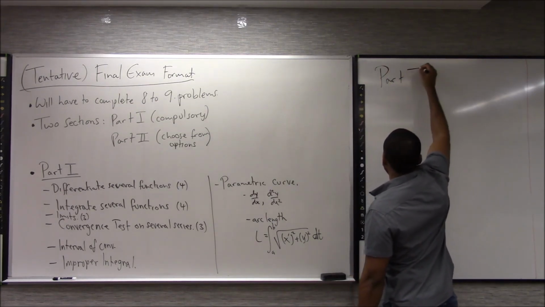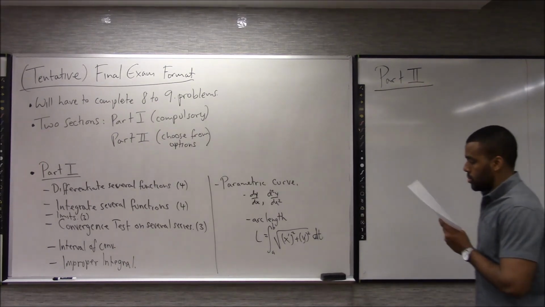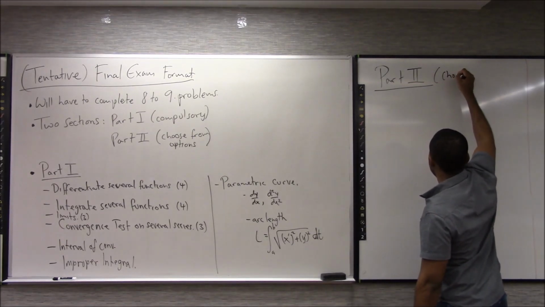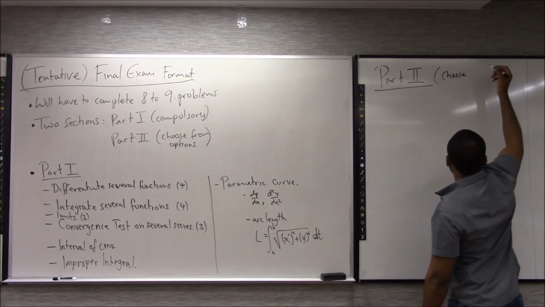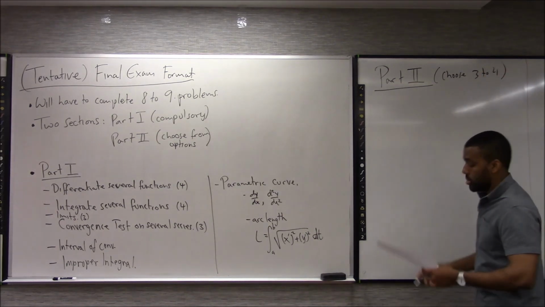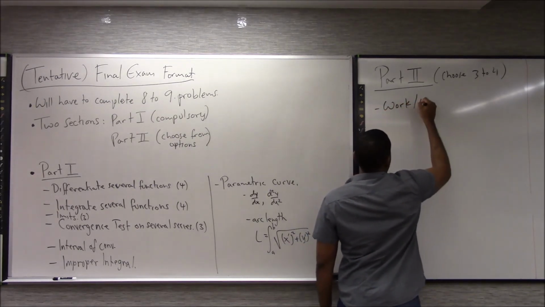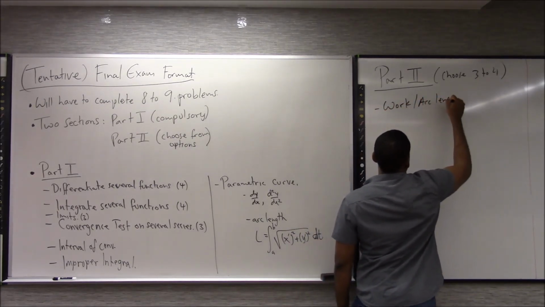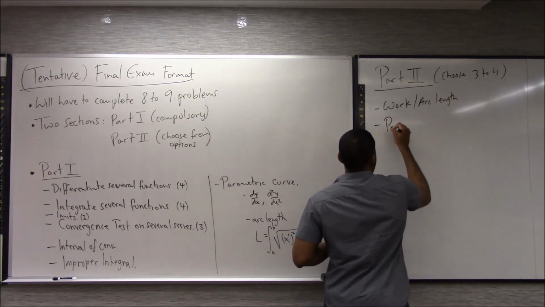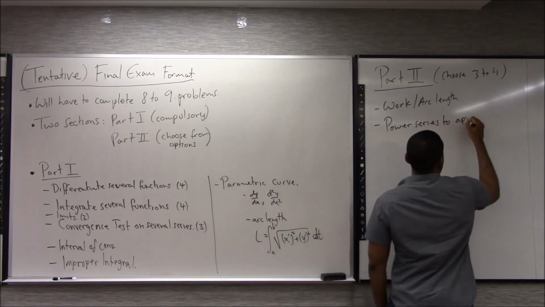In part 2, you're going to choose 3 to 4. And so I'm going to talk about work, arc length. Power series to approximate integrals.